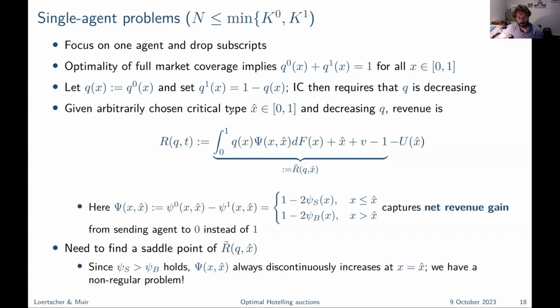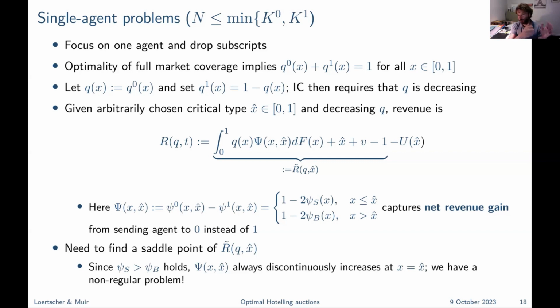Okay, and so for a given critical type X hat, we can write the revenue that you get from a single agent as this term here, where this up to here, this minus 1, is the virtual surplus. Below here, it says what this psi function is. And you subtract from that the utility of the critical type, U of X hat. So this psi function here is the net revenue that you get from sending an agent to the left rather than the right.